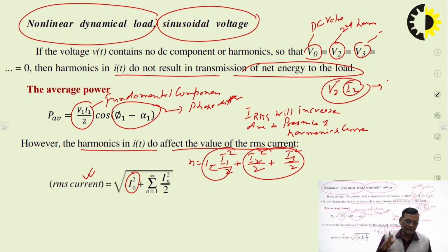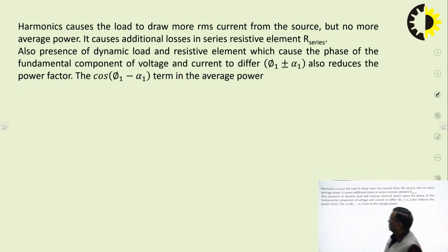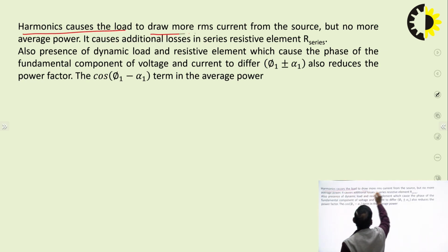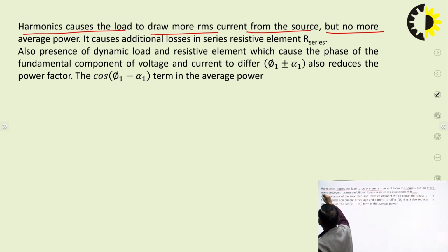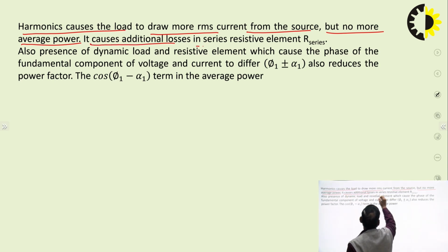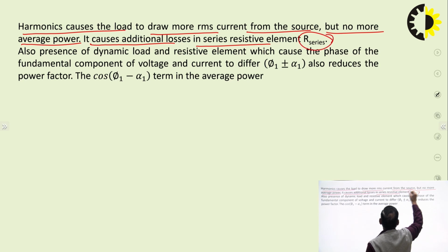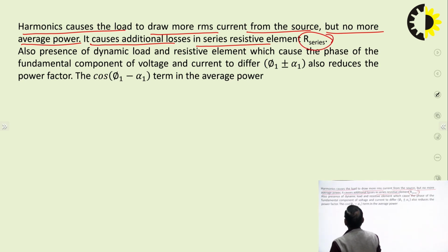What will they do? They will increase the RMS value, and once the RMS value increases, it will increase the losses in the system. So harmonics cause the load to draw more RMS current from the source, but no more average power. It causes additional losses in the series resistance element R series.